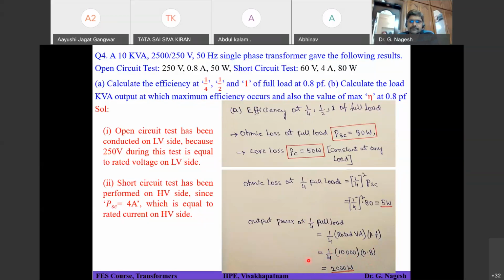Yes, sir. Okay. So now you know the ohmic loss, core losses, and output power at 1/4 full load. All data is available, so I think you can calculate the efficiency. Try to calculate the efficiency at 1/4 full load. One minus losses divided by input.